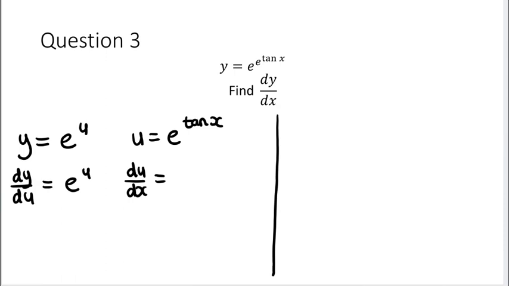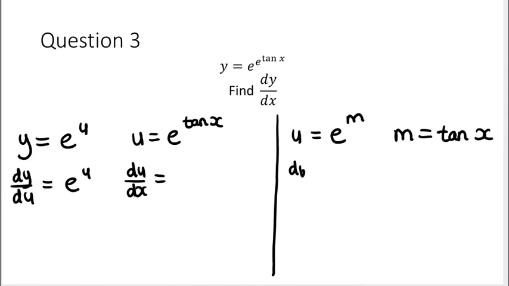So over to the side here, I'm going to say u is e to the m, where m is tan x. Because what I'm trying to do is differentiate e to the tan x, so that I can ultimately differentiate my e to the tan x. So I'm just going to call the power there m.